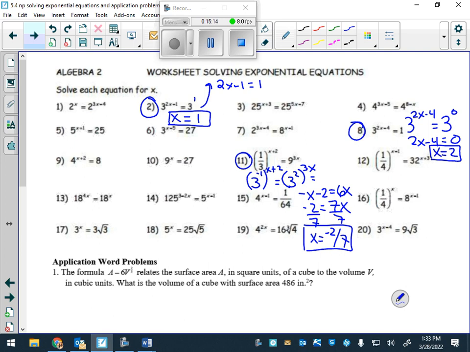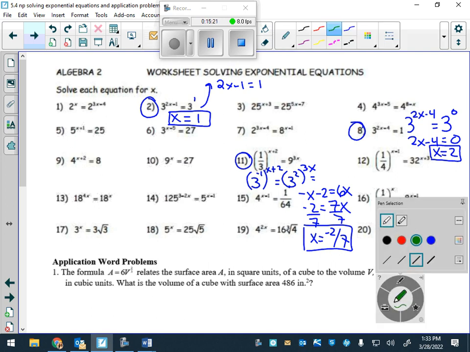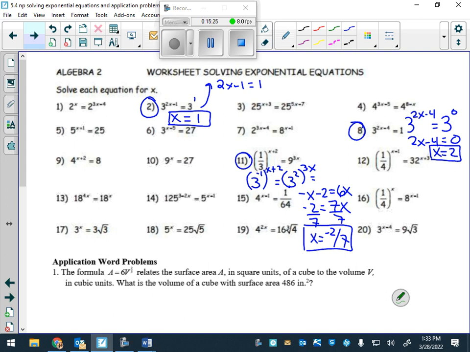So we're going to try a few, rewriting the same base. Let's circle the ones in a different color. The bottom row we're going to do together.